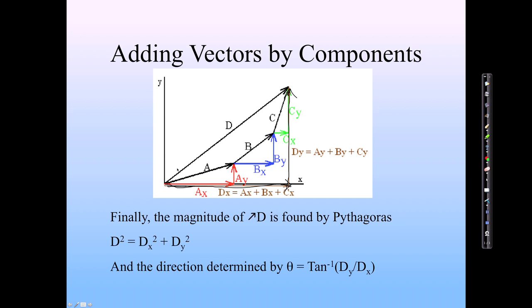We can figure out the direction of d, this theta here, by recognizing that this total y is opposite to d, and this total x, this side over here, is adjacent to the angle, and so dy divided by dx is the opposite side over the adjacent side.